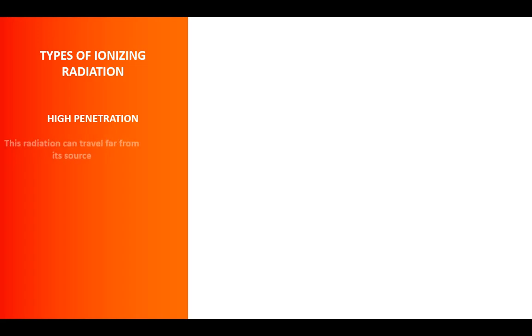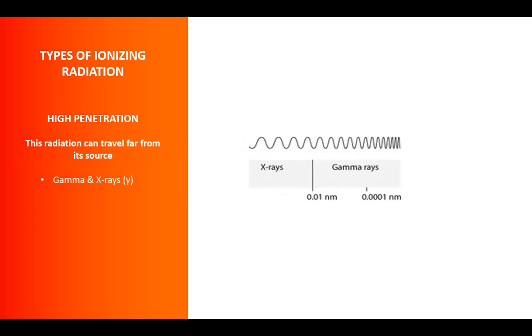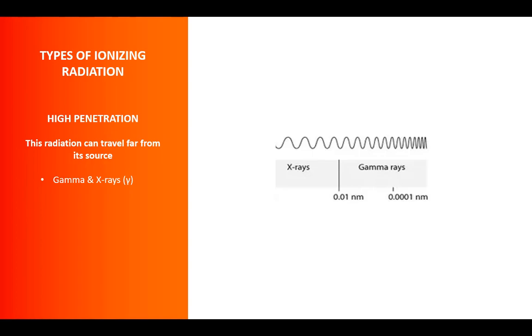There are a few kinds of ionizing radiation. First up, and most important, are the kinds with high penetration properties that can travel far from the source of the radiation. Gamma and X-rays fall into this group. These are photons, or particles of light, instead of matter. Because of this, gamma and X-rays are only shielded by a very dense material such as lead.